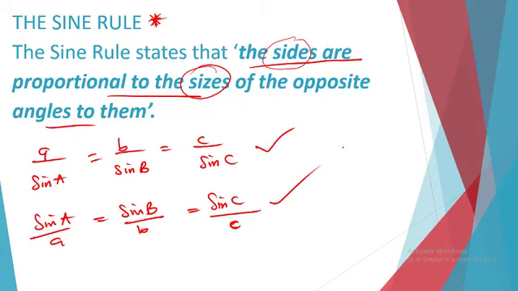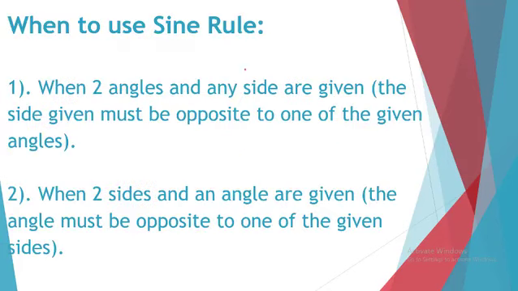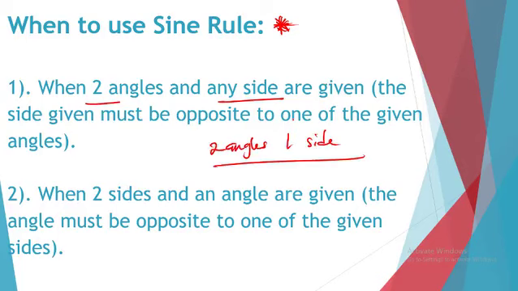So when do we use the sine rule? We use the sine rule when two angles and any side are given. When this condition is met, you can apply the sine rule. Remember, the side that is given must be opposite to one of the given angles.